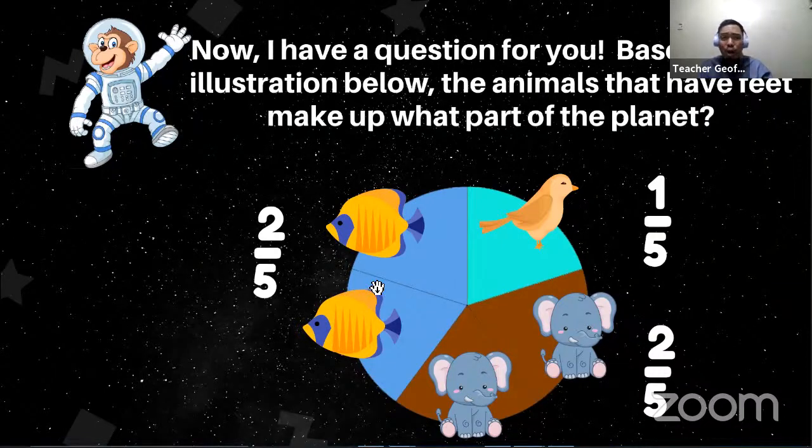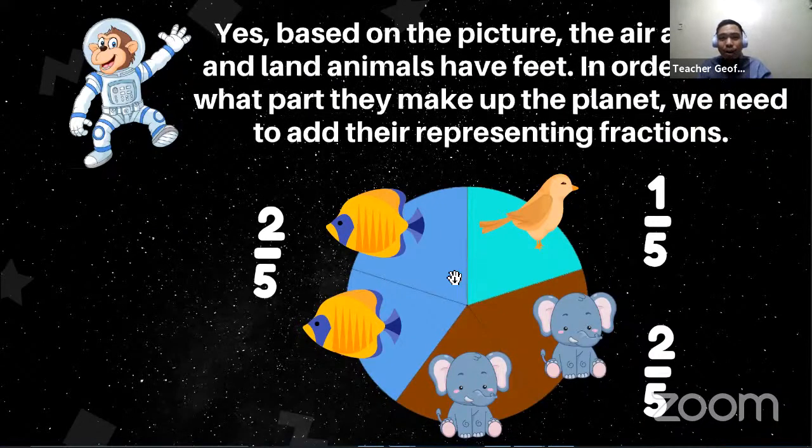Okay? Now what do we do? As I mentioned, we will be adding. That's right. As Monkey tells us as well, in order to find what part they make up of the planet, we need to add the representing fractions. So we have the land animals and the air animals.